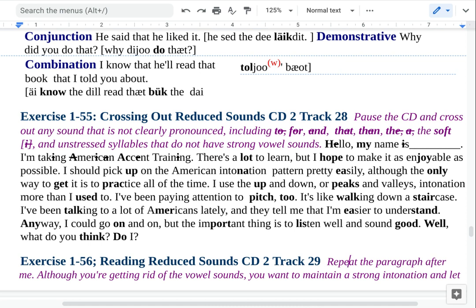I've been paying attention to pitch, too. It's like walking down a staircase. I've been talking to a lot of Americans lately, and they tell me that I'm easier to understand. Anyway, I could go on, but the important thing is to listen well and sound good. Well, what do you think? Do I?